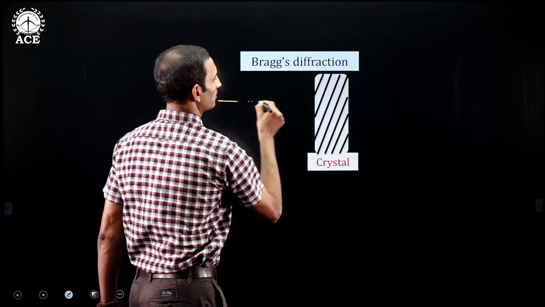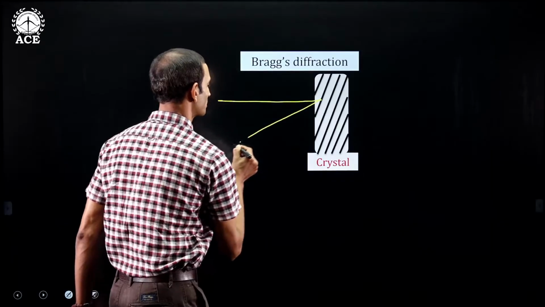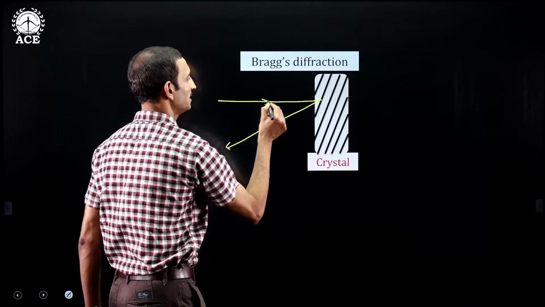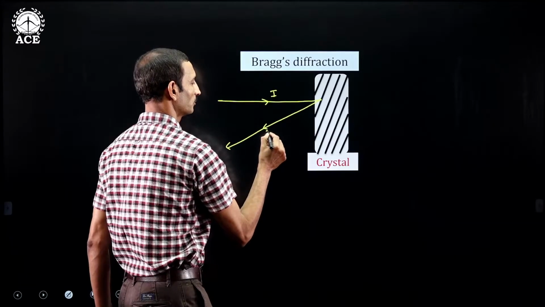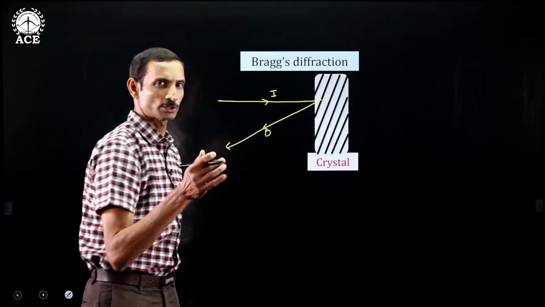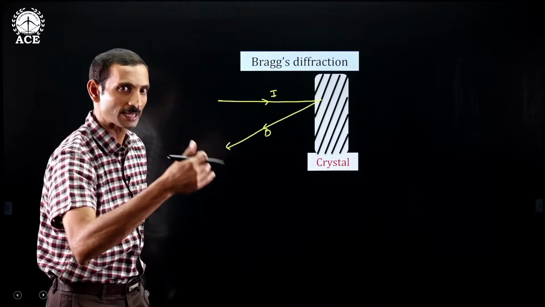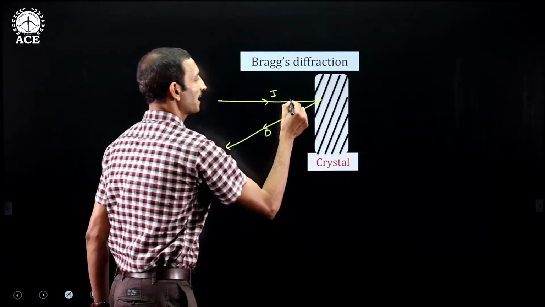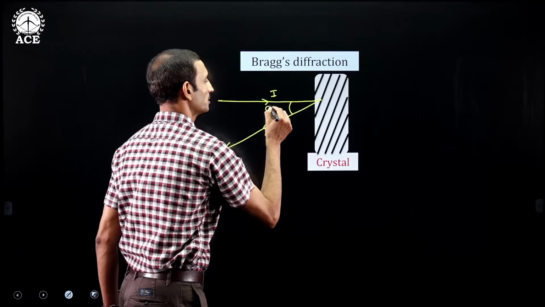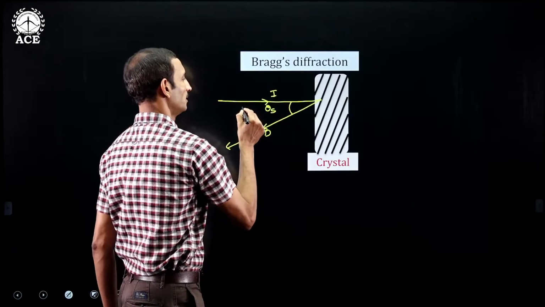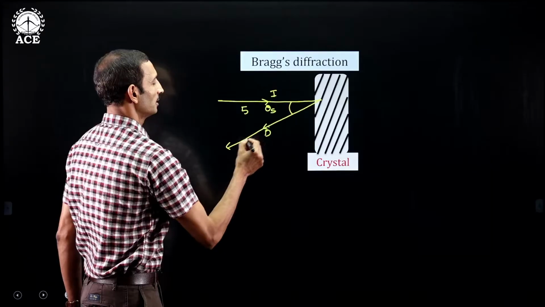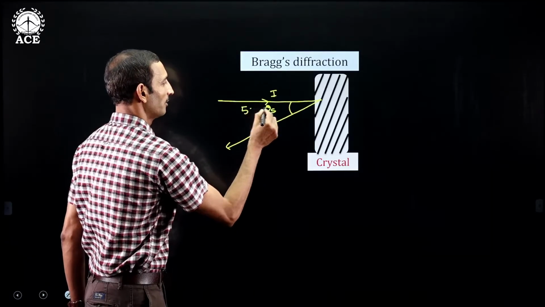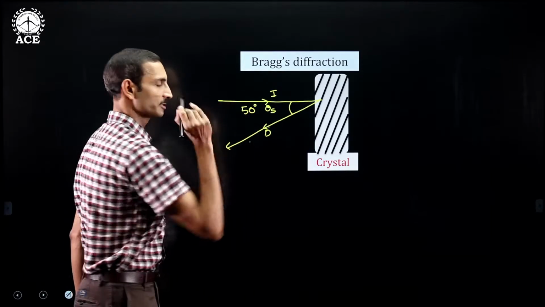Now, if a ray comes over here and falls on a Bragg's plane and gets diffracted, this is the incident ray and this is the scattered or diffracted ray. Let us suppose it to be diffraction here because there exists maximum and minimum. This angle for us is the scattering angle. The diffracted beam has maximum intensity when theta s is equal to 50 degrees.